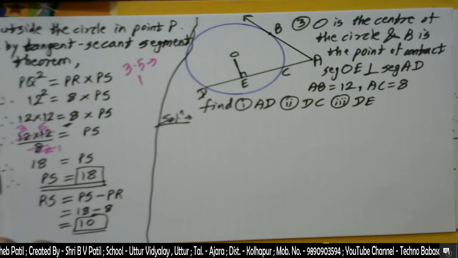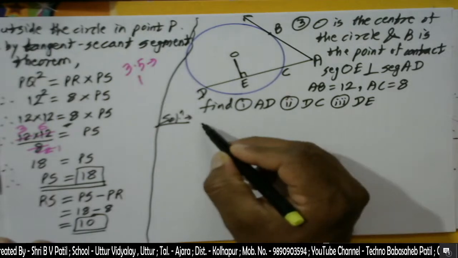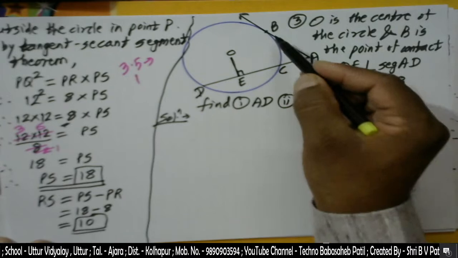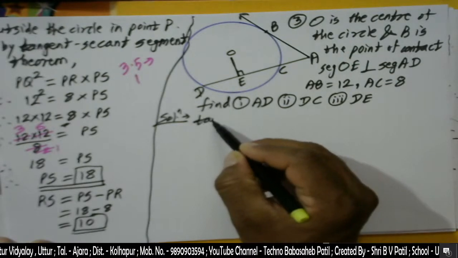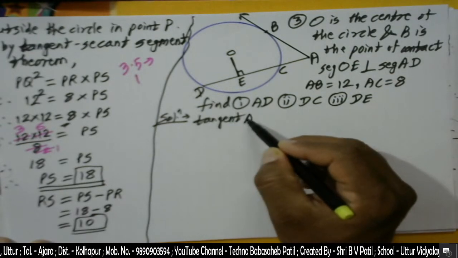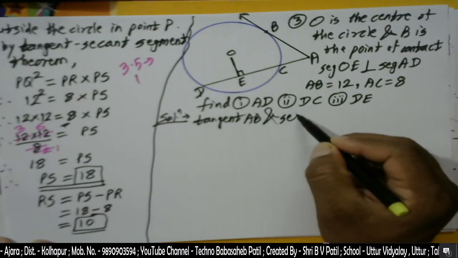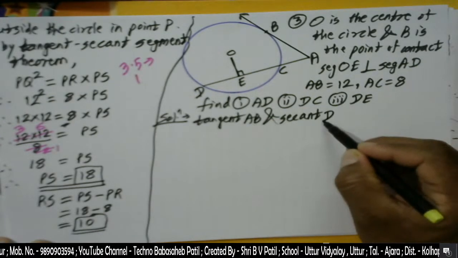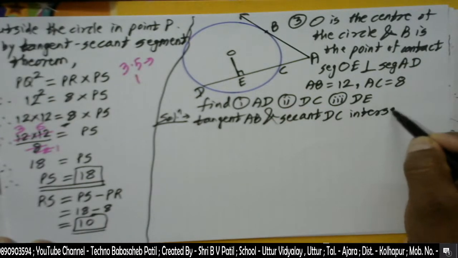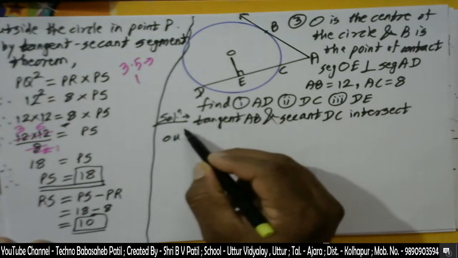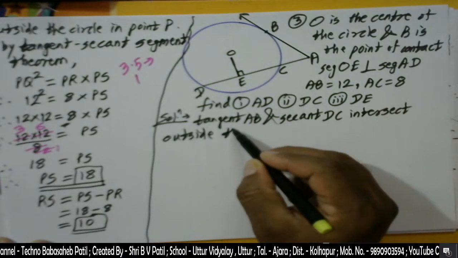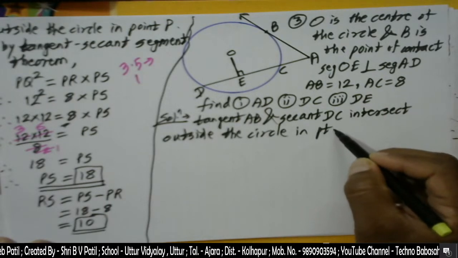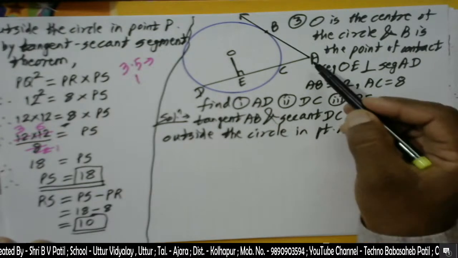Here, what do we write? This is tangent AB and the second is secant DC.